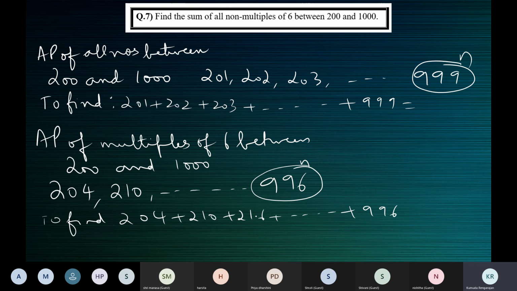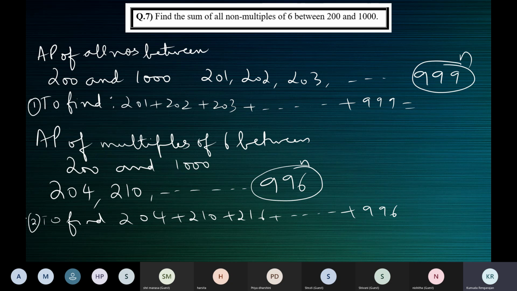Then what's the next step? How will you find the sum of all the non-multiples? Ma'am, you have to subtract.